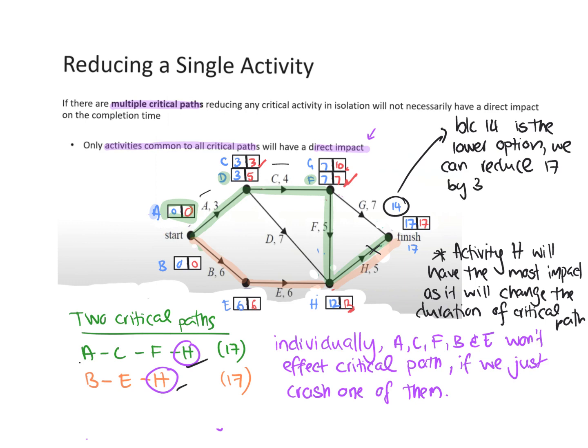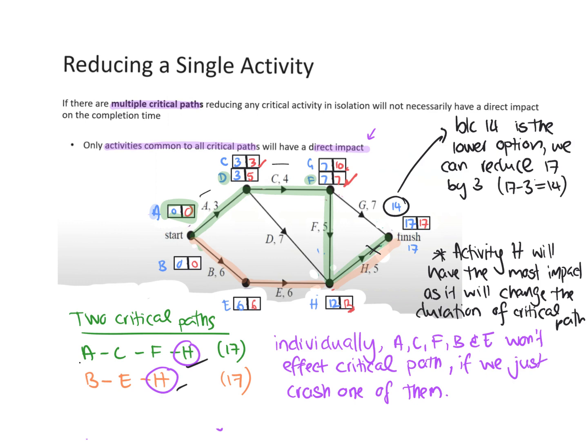So we only have to make sure that we don't go under the other option, which is 14. So if we reduce H, reduce 17 by 3, so that means 17 minus 3, that would equal 14. So you can see we'd still have the same critical path. It wouldn't affect it, because we don't want to change that.